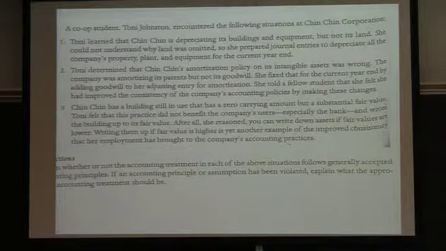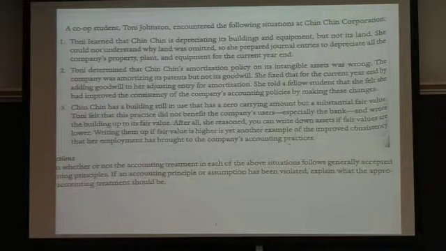If your company wants to apply the revaluation model, the fair value must be easily determined and must be reliably measurable. The revaluation model must be done on an ongoing basis. In other words, you can't just do 1 year and then forget about it. And the entire category of buildings. So it's not just one building that Chin Chin owns.